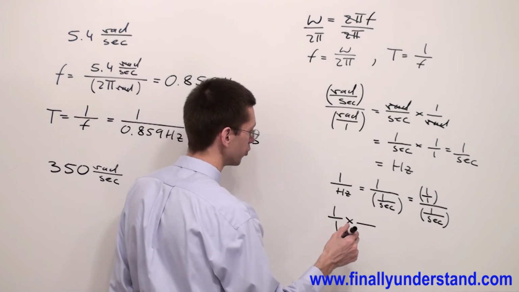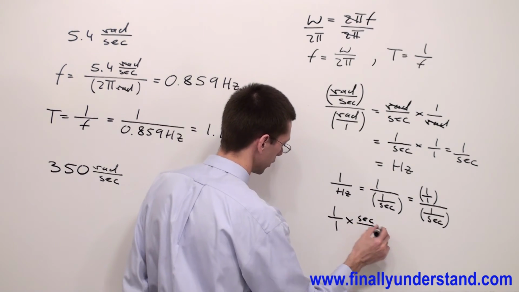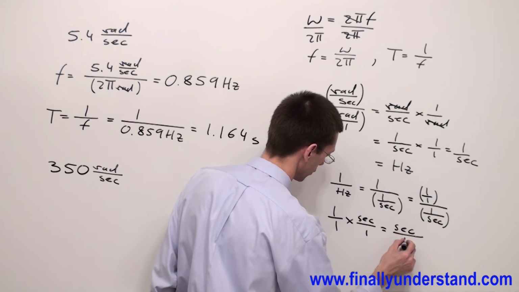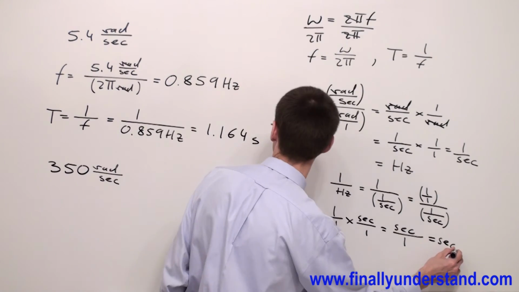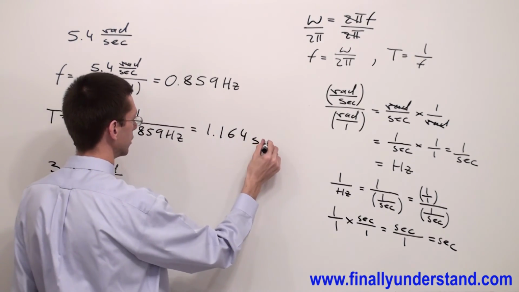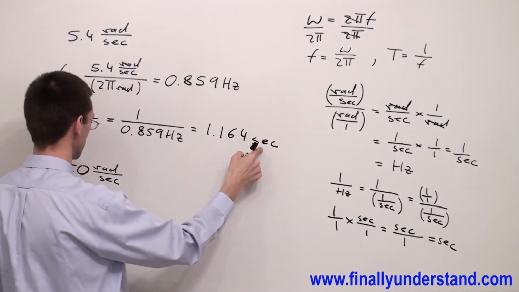Otherwise, I have to find the reciprocal of the second fraction. So that's why I have second over 1. 1 times second is second over 1. Second divided by 1 is equal to second. That's why my answer is in seconds, because 1 divided by hertz is equal to second.